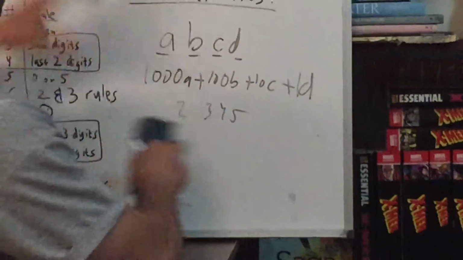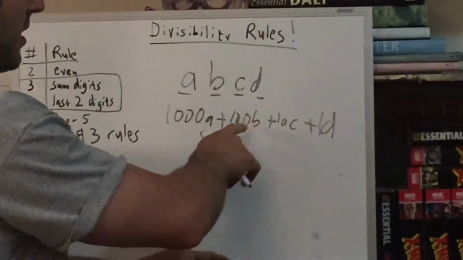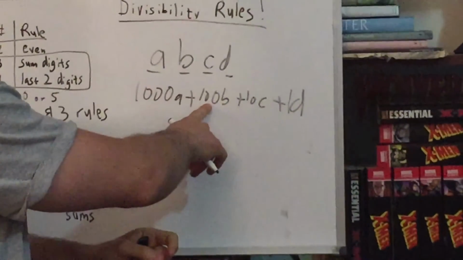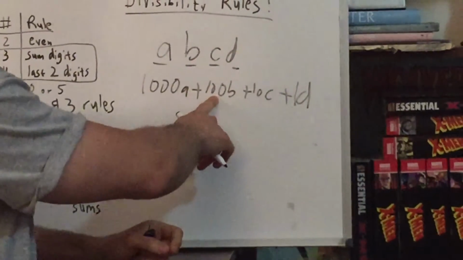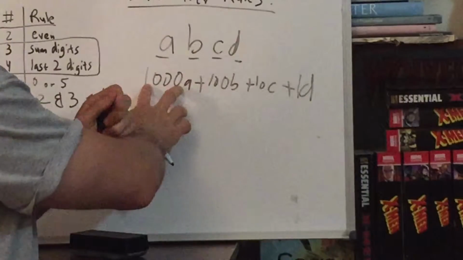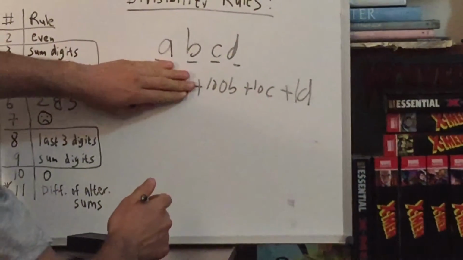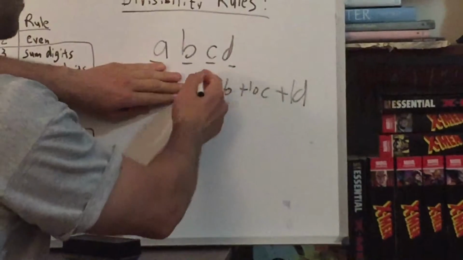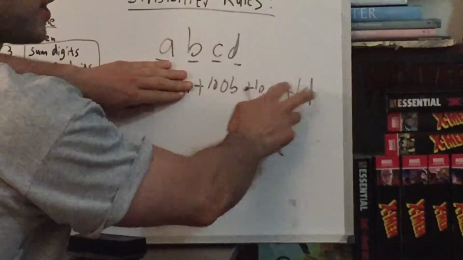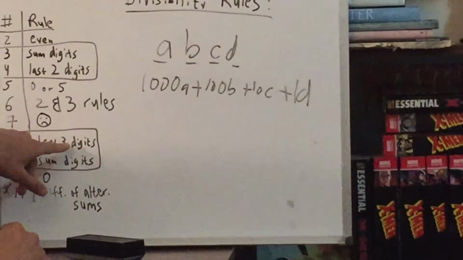Now for 8, the only thing that would change is 100 is still not divisible by 8. It gives us 12.5. So the only thing that starts to be divisible by 8 is the thousands place onwards. We can throw this away, but we still have to check the last 3 digits. So that's where we get this rule of the last 3 digits.